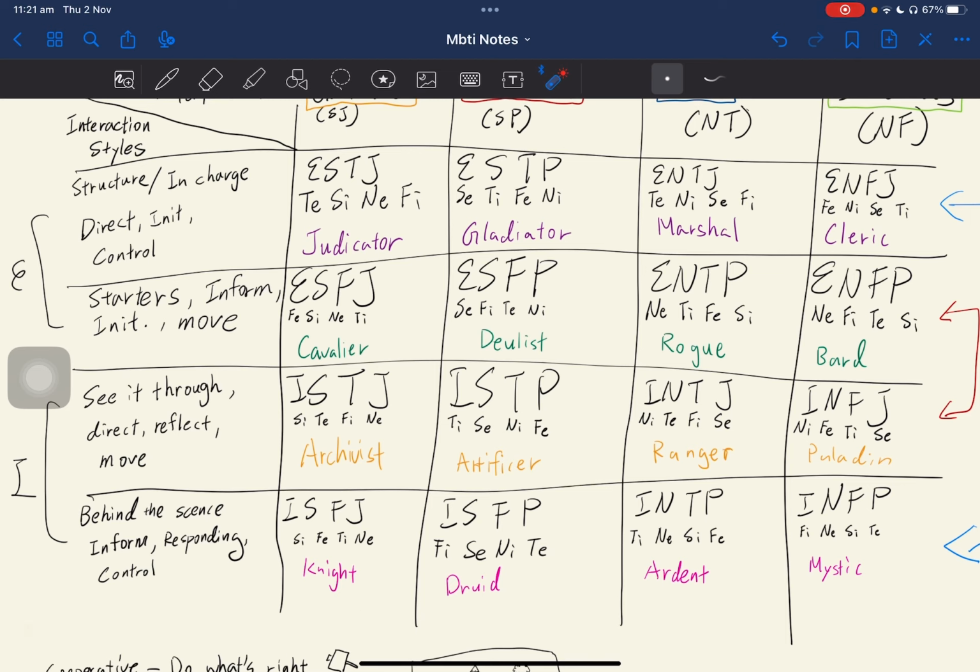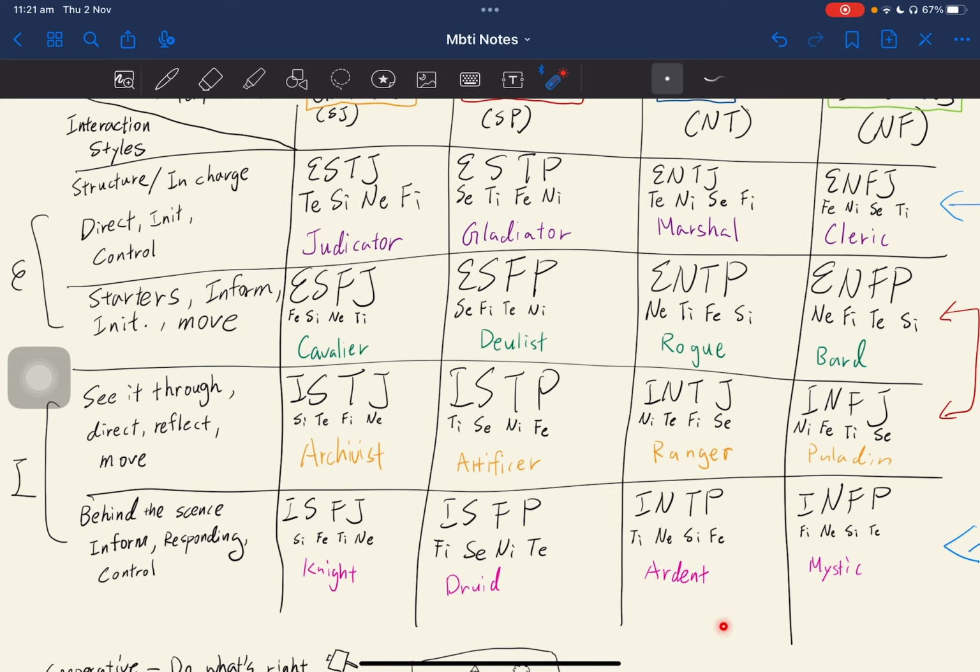So INFP is the guardian of morality, and an example of that is Elizabeth Meyer from Myers-Briggs, who was an INFP, and there are a lot of INFPs in history.